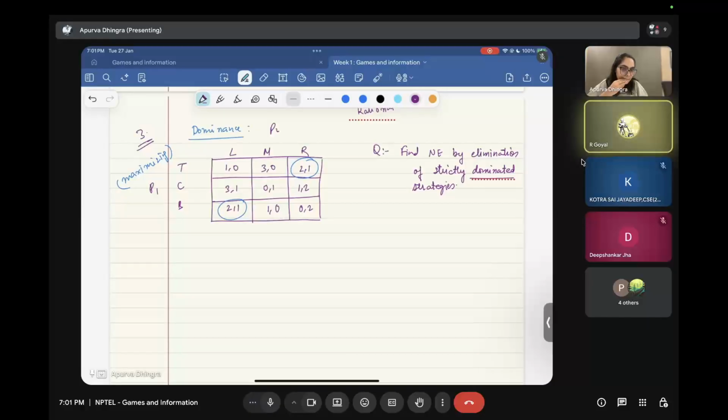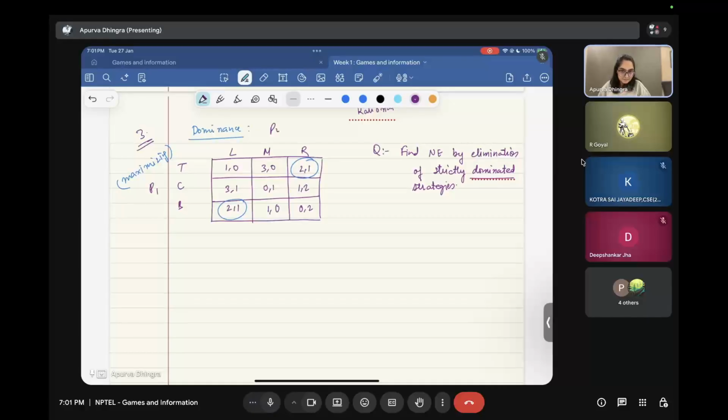So it could be 3 comma 1 as well. Then player 1 would be getting the payoff as 3 and player 2 as 1. The total sum came out to be 4, better than the... Okay, we're not bothered about what the total sum is. That is not the objective. The objective is that individually they're just maximizing their utilities.